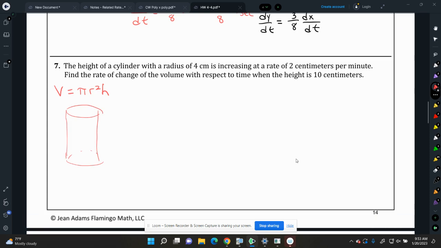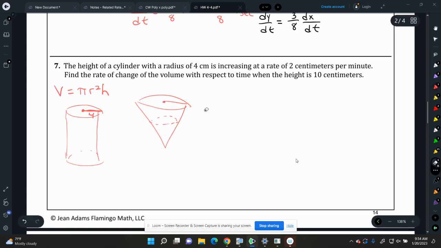The height of the cylinder with a radius of 4. Now, one thing we know about the radius of a cylinder is that it doesn't change, as opposed to the radius of a cone, right? That radius is going to change depending on where we are on the cone. With a cylinder, the radius does not change.